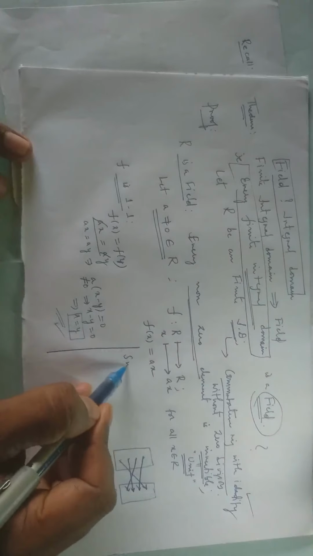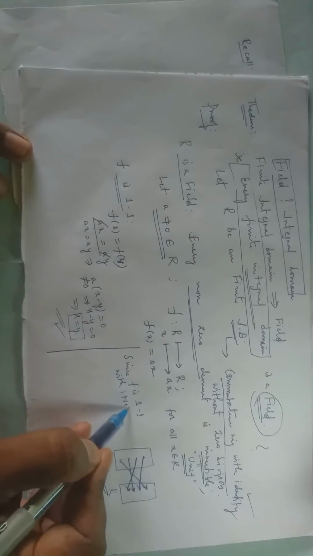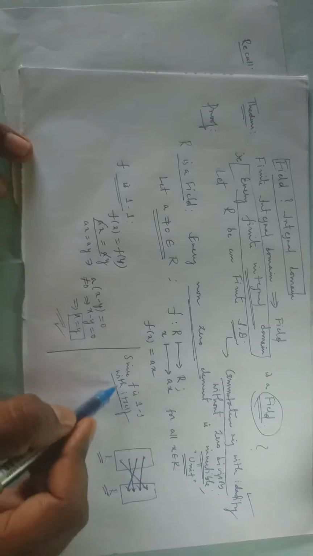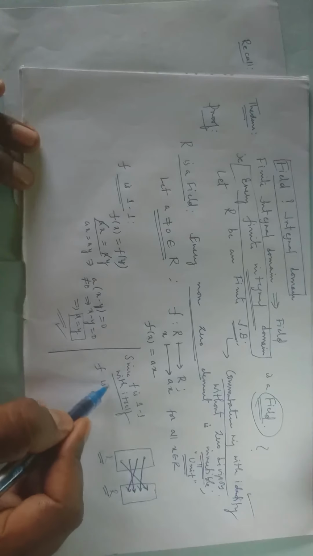So since F is 1-1 with itself, that is, the sets are same. That's what I said. F is 1-1 with both domain and codomain the same. Then I can say F is onto. So this property is needed. Is it clear?